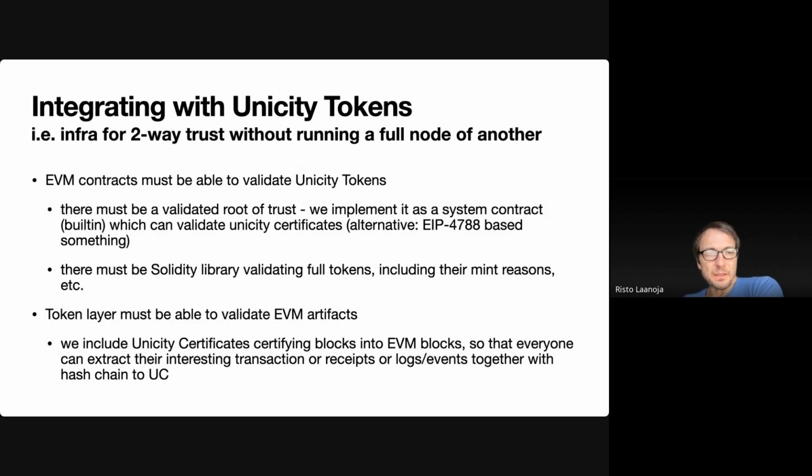And it means that our layer 3 or token layer tokens must be verifiable for contracts running in the EVM and vice versa. So token layer users must be able to efficiently validate everything that happens in the EVM, to validate events, to validate transactions, whether they are executed or not.